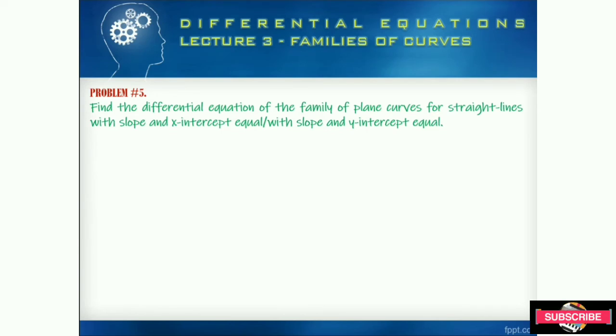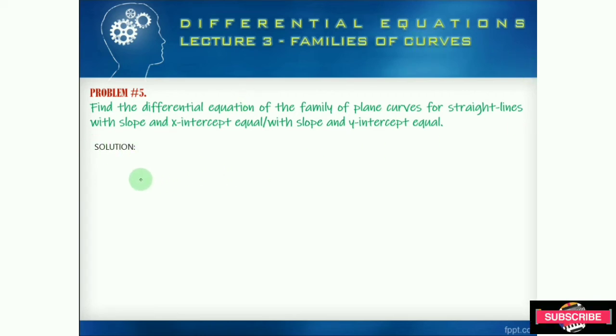The solution for this: first, we are going to determine the differential equation for the slope and x-intercept being equal. Based on analytic geometry, we have the following equations for slope-intercept form.